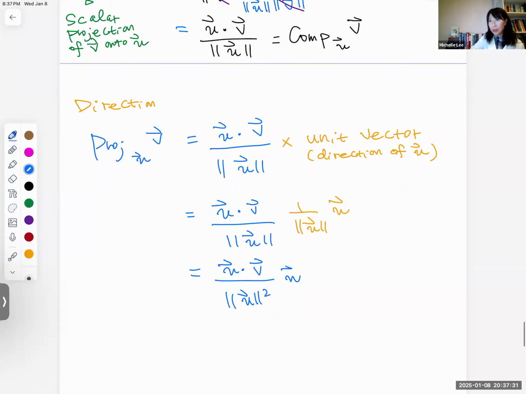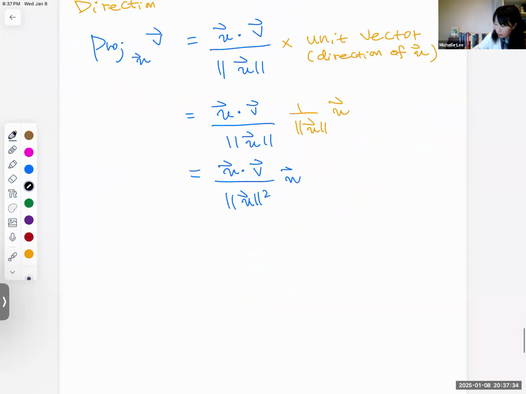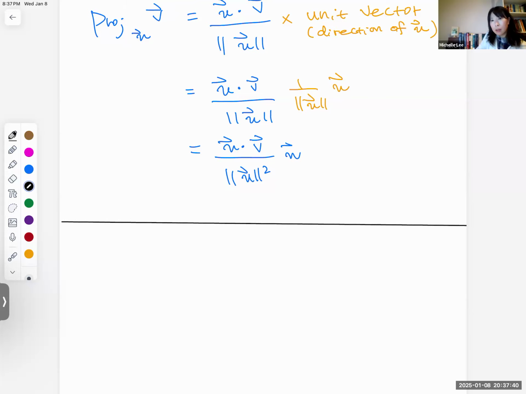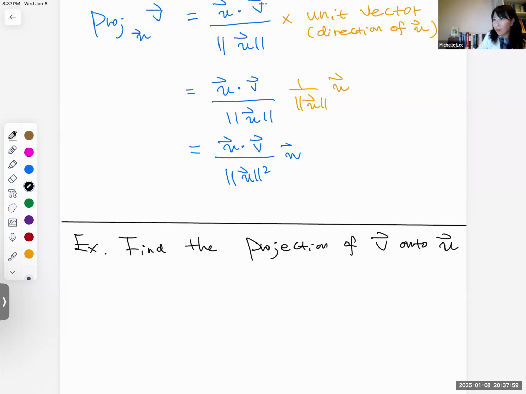Okay, so let's do an example. Find the projection of V onto U. We have V equal to (3, 5, 1), U equal to (-1, 4, 3).